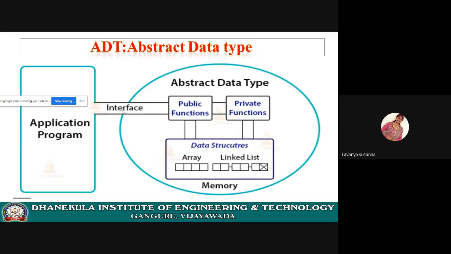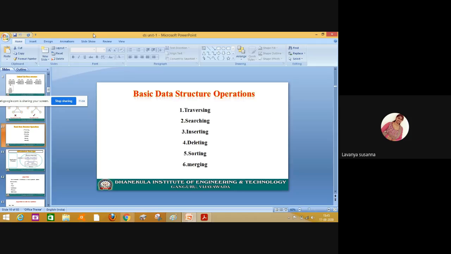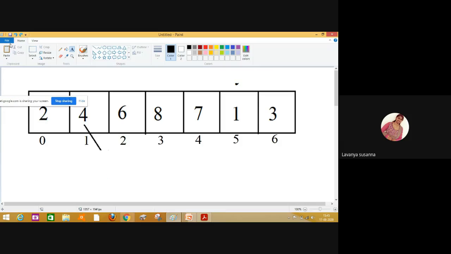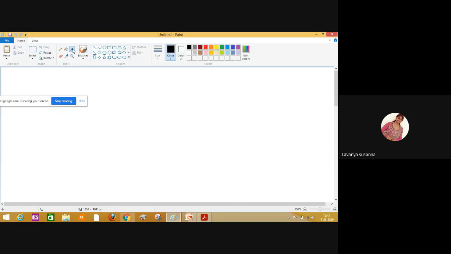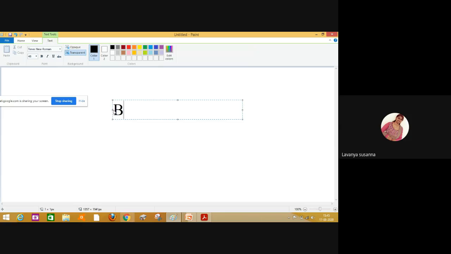What do they represent? The type of data you are using, and the operations that you can perform on the data. For example, just wait. See here, you have studied basic data types.